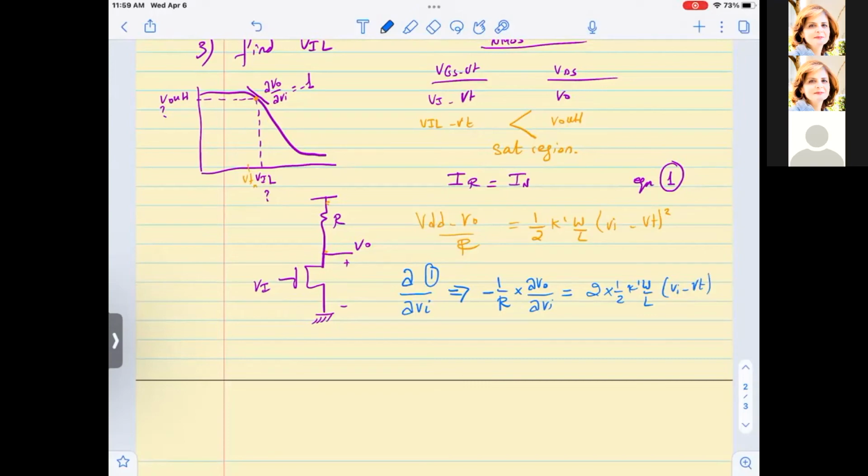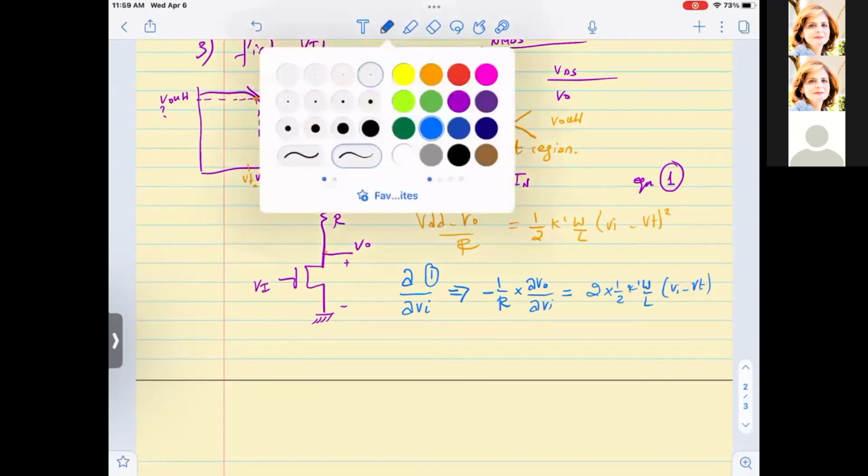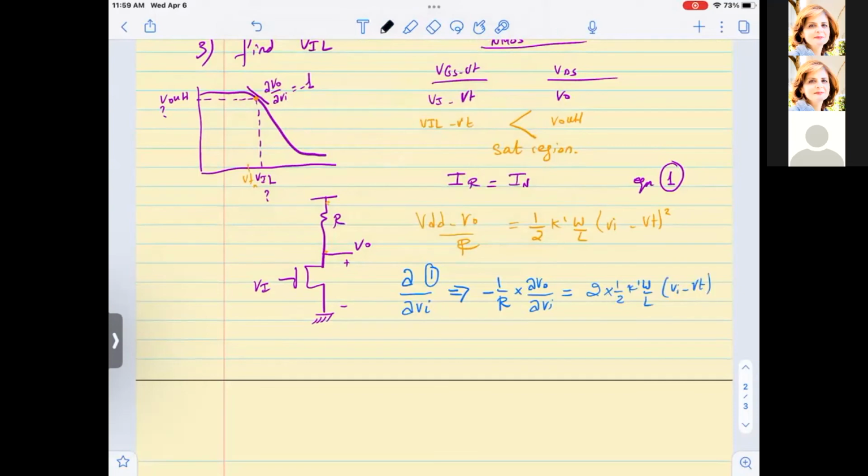Okay, so what we end up getting here, let us call this a star, evaluate the star at Vn equal to VIL. ساعتها هيدا حيعطيني -1 على R del VO by del Vn at Vn equal VIL هو -1, and this is equal to K prime W by L ضرب Vn بيساوي VIL minus Vt.